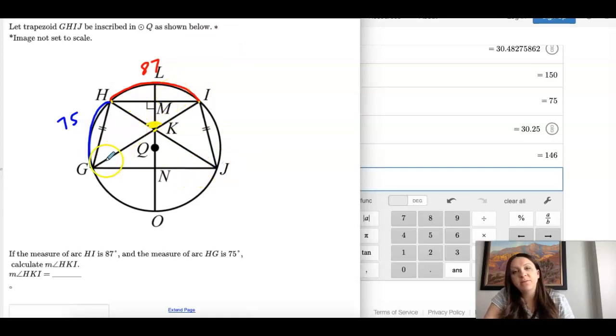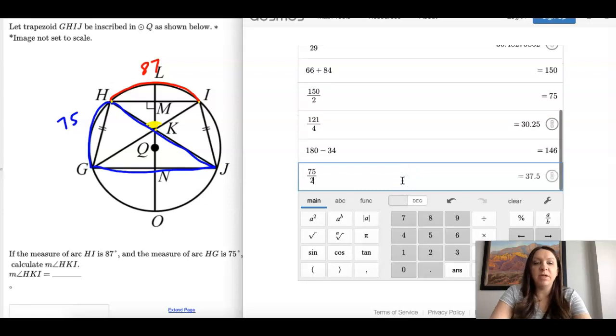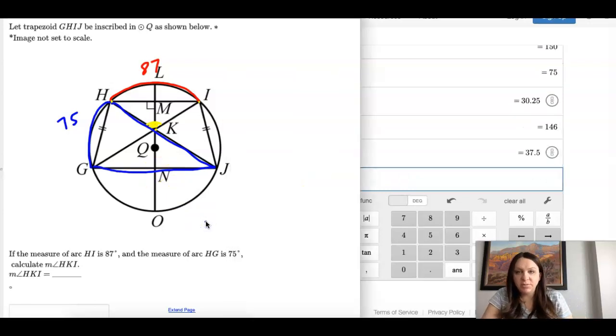So we can use inscribed angles a little bit here. So if this is 75, then remember this angle down here is half. So 75 divided by 2. So this would be 37.5. Or I could take from here to this chord to this chord. Let's do the full one.